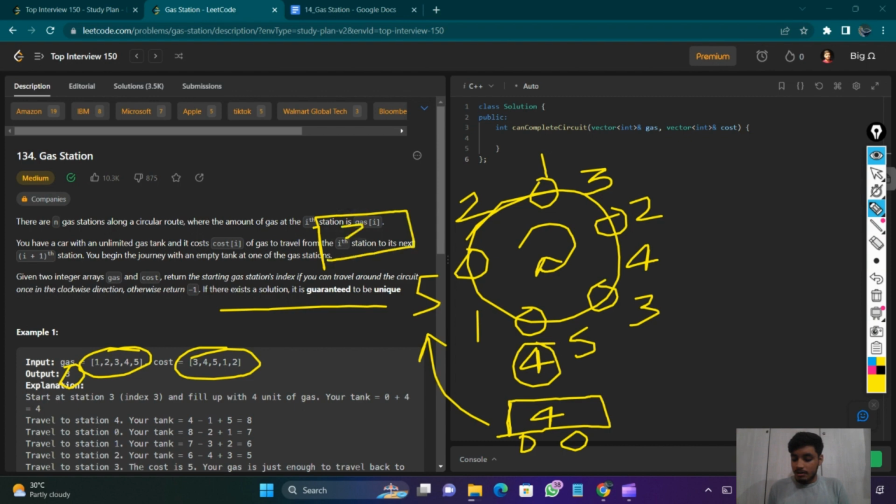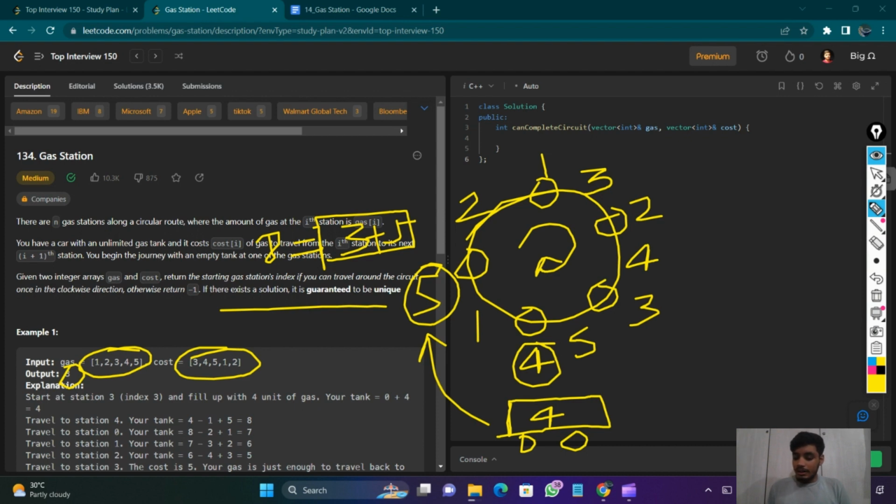Now before you move to the next index, you can take all of the gas present at this index, which is 5. So your amount becomes 3 plus 5, which equals 8. When you reach this gas station, the total amount of gas in your car is 8.